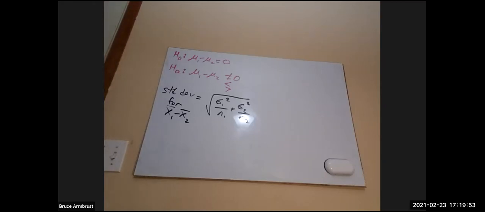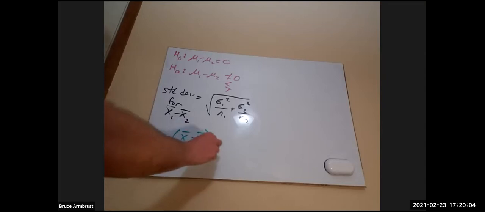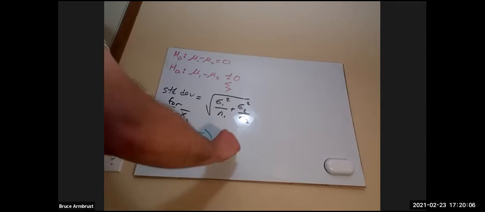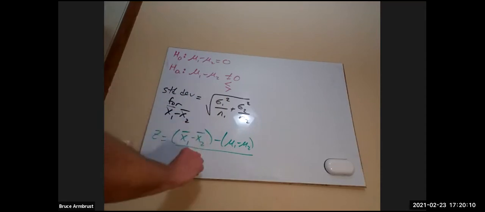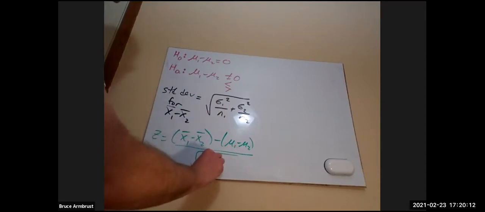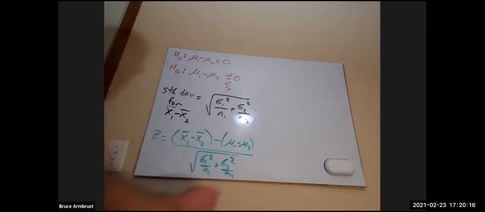If you were going to do the z value, get your z score, check this out. So take the difference in those, and then you see how far away that is from the difference of the actual means, and then divide by the standard deviation. Okay, so that's what you would have to do if you were going to do it by hand.